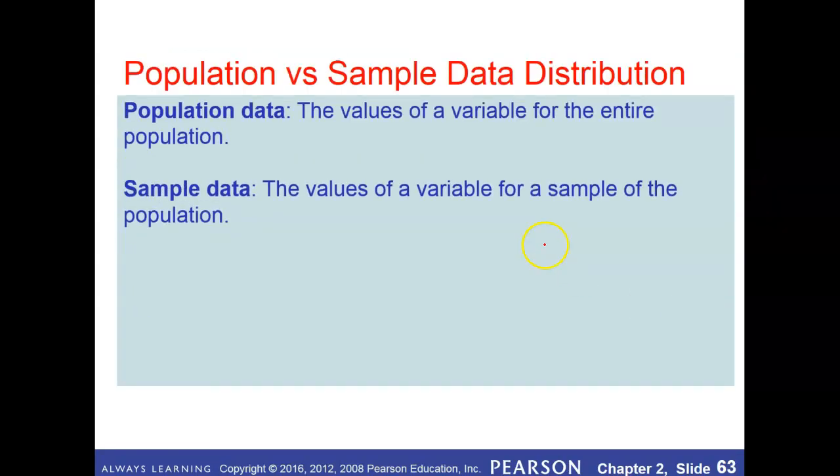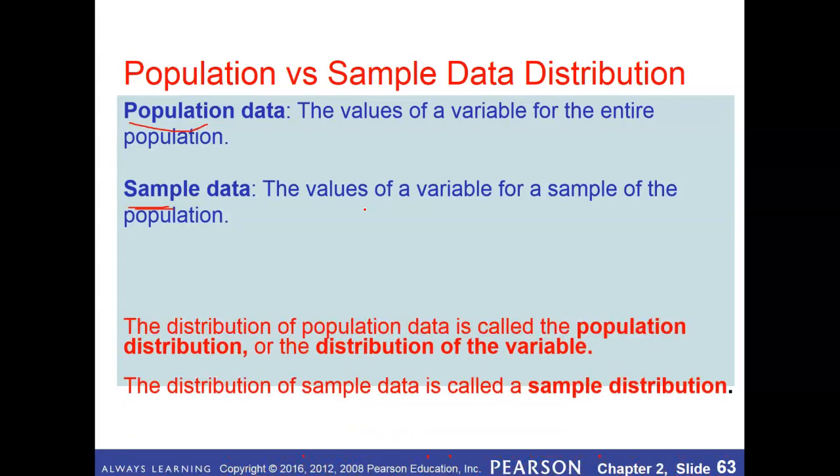All right, so we can talk about the difference between population data and sample data. Now you want them to be the same. You want the sample data to simply reflect the population data. The population data is the values of the variable of the entire population. When we talk about sample data, those are the values of a variable for a sample of the population.